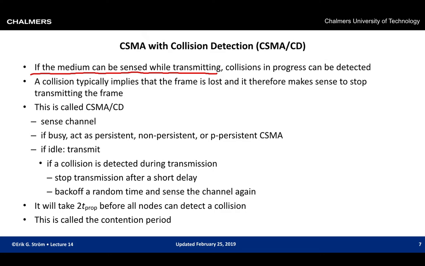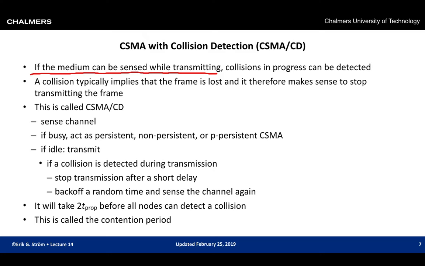When you're transmitting, if you open up your receiver circuit, you might physically burn it. So that is typically not possible in wireless, even though there are experimental systems that can do this. This is not a deployed method, I would say. So this is basically for wired media.